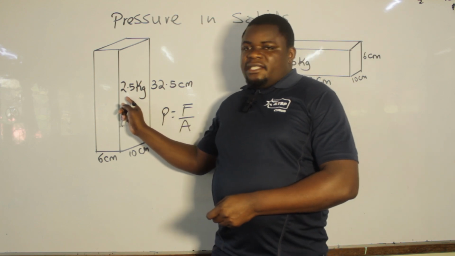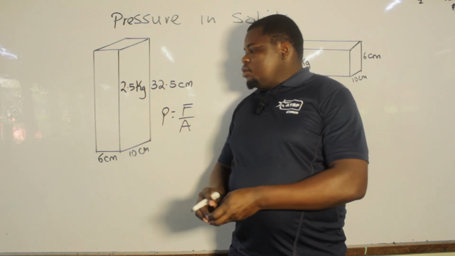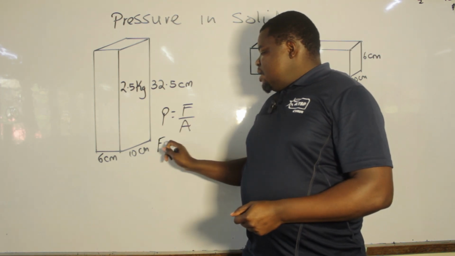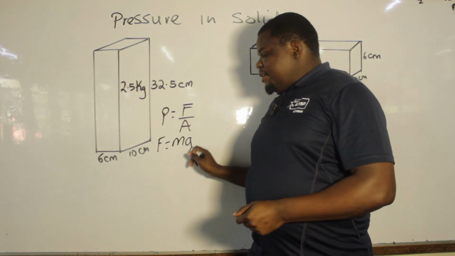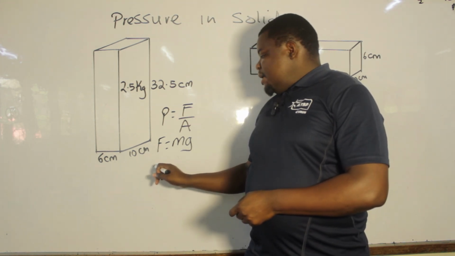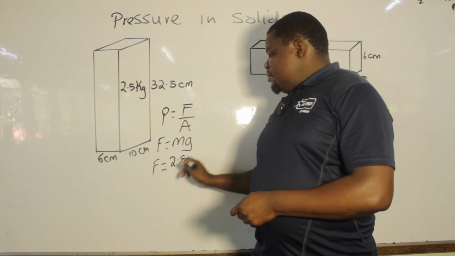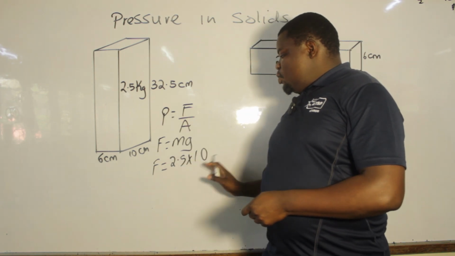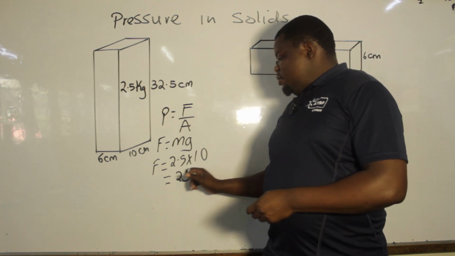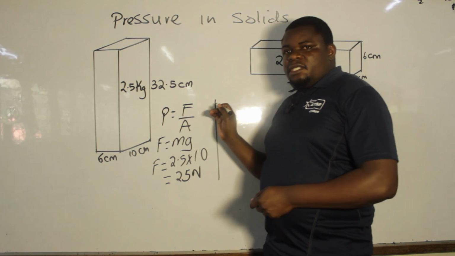Now that the mass of this object is 2.5 kilograms, we change the force into newtons by saying that force equals mass times the acceleration due to gravity. The force will be 2.5 multiplied by 10 newtons per kilogram, and the answer we get is 25 newtons.